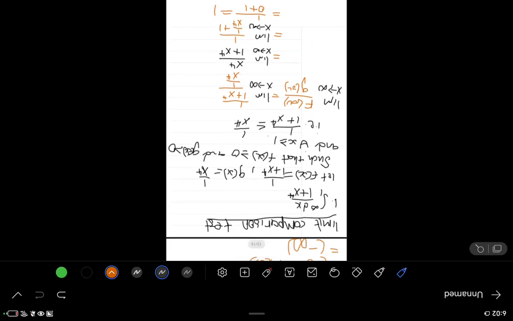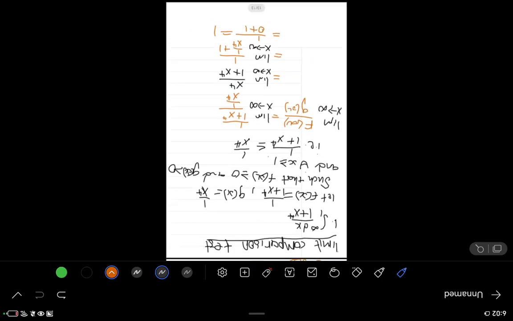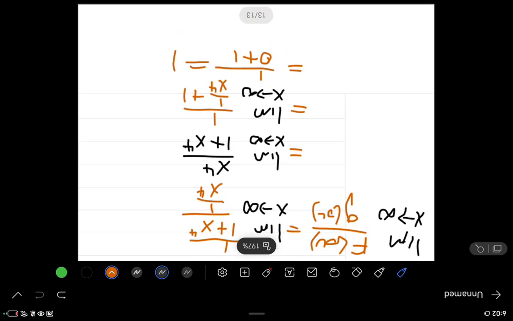So what did the limit comparison test say about the limit? It says that L should be greater than 0 and less than infinity. You agree? So we found L and it satisfies this condition, right? So what can we say?